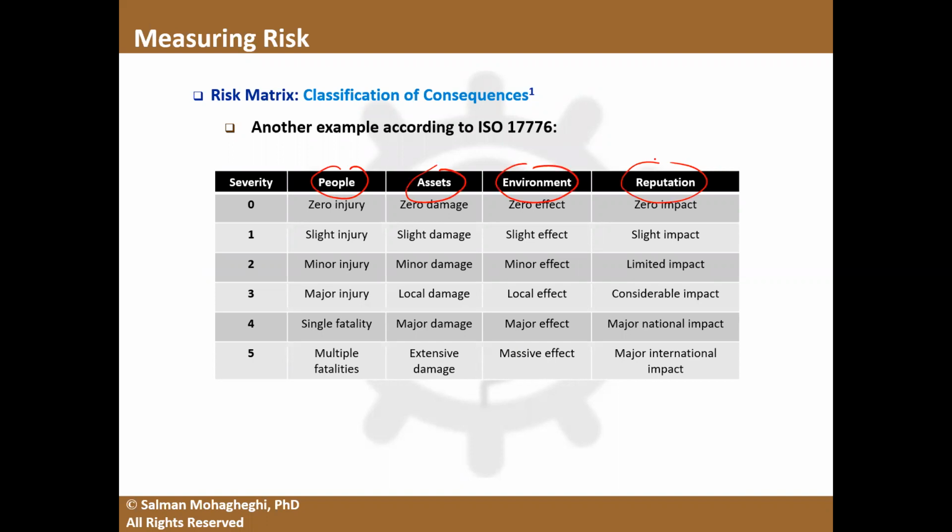This reputation is put there to indicate the impact of an accident on the public relations of a company. So for example, if a utility cannot control its system and a major snowstorm leads to 10 days of everyone being without power, how much does it hit the reputation of that company or that utility?